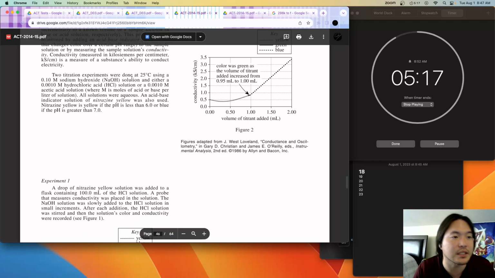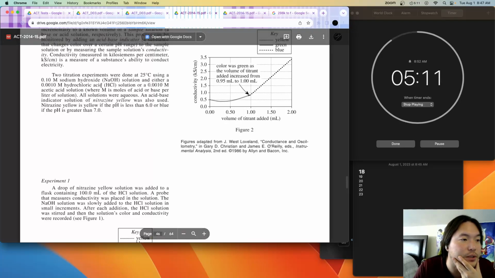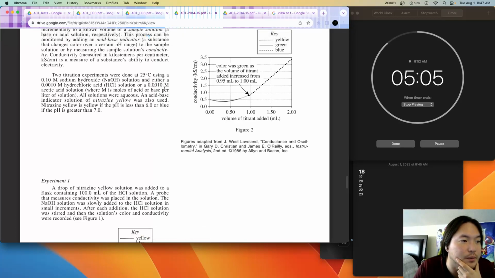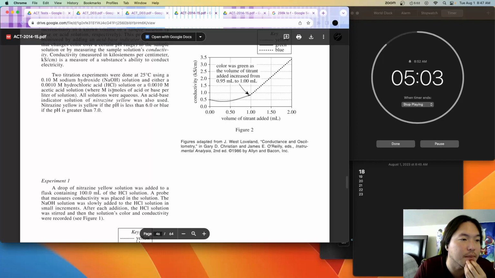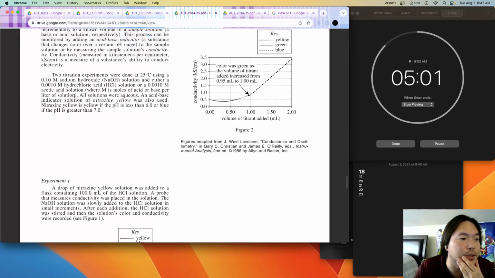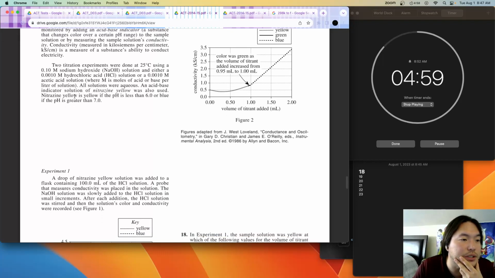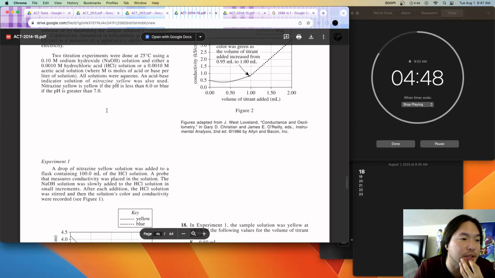Two titration experiments are done at 25 degrees Celsius using a 0.1 molar sodium hydroxide solution, and either a 0.001 molar hydrochloric acid solution or a 0.001 molar acetic acid solution, where M is moles of acid or base per liter of solution. All solutions were aqueous. The acid-base indicator nitrazine yellow was used. Nitrazine yellow is yellow for pH less than 6, or blue if the pH is greater than 7.